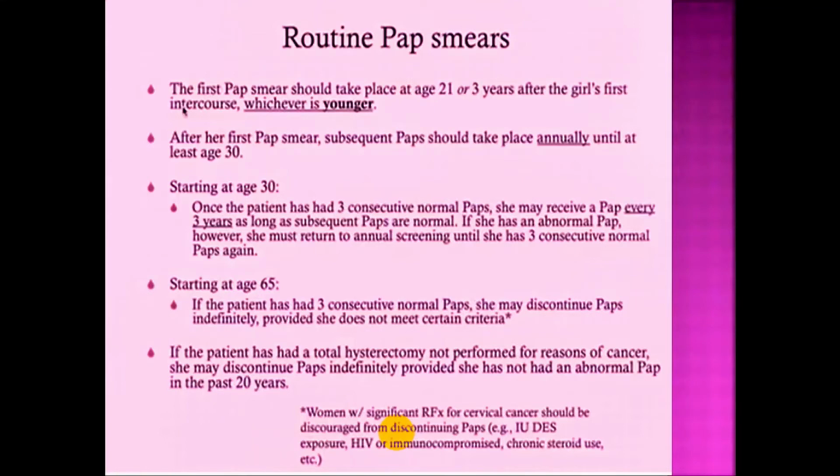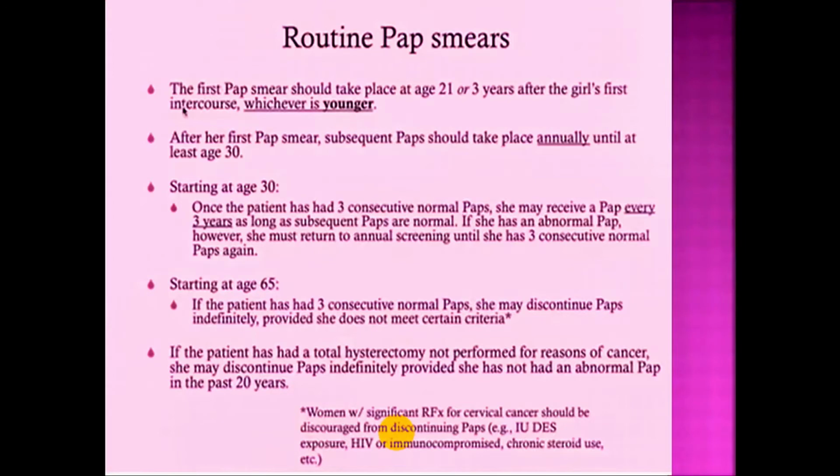Starting at age 30, once the patient has had 3 consecutive normal paps, then she may receive a pap every 3 to 4 years, as long as subsequent paps are normal. If she has an abnormal pap, however, she must return to annual screening until she has 3 consecutive normal paps again.